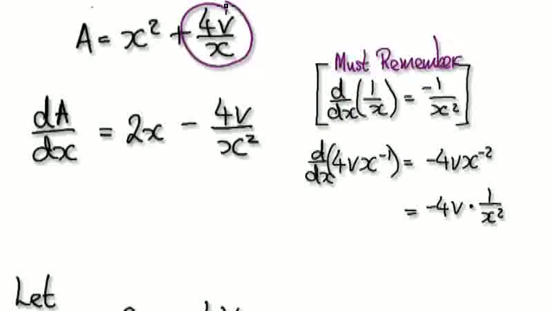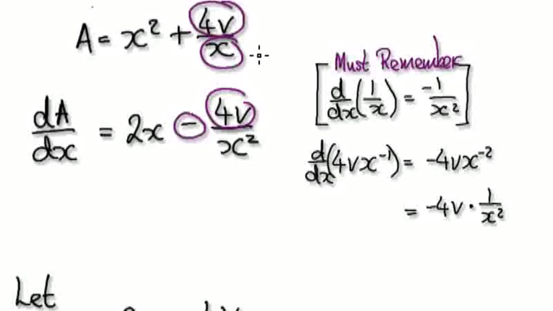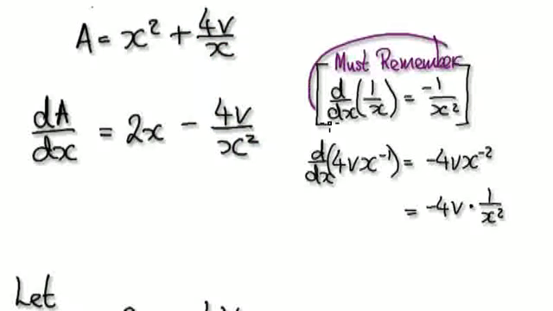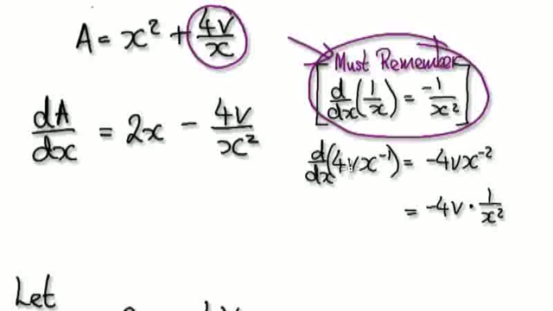When you differentiate this here, it becomes minus 4v, and then the power here gets minus by 1. You must ingrain this in your mind. It will save you a lot of time. If you forget, rewrite this thing here as 4v times x to the power of minus 1.